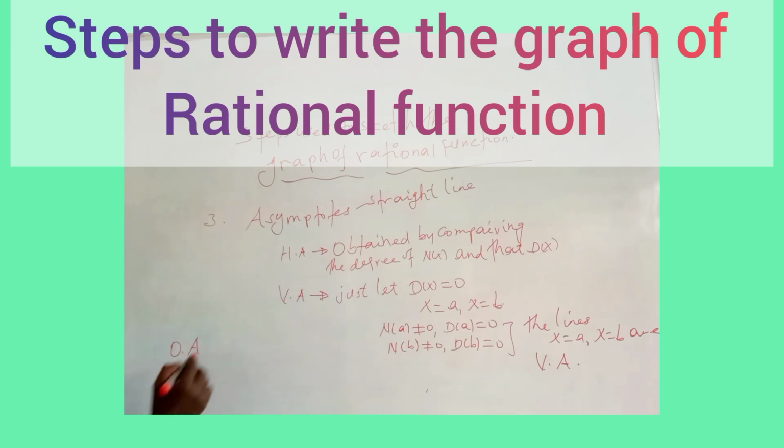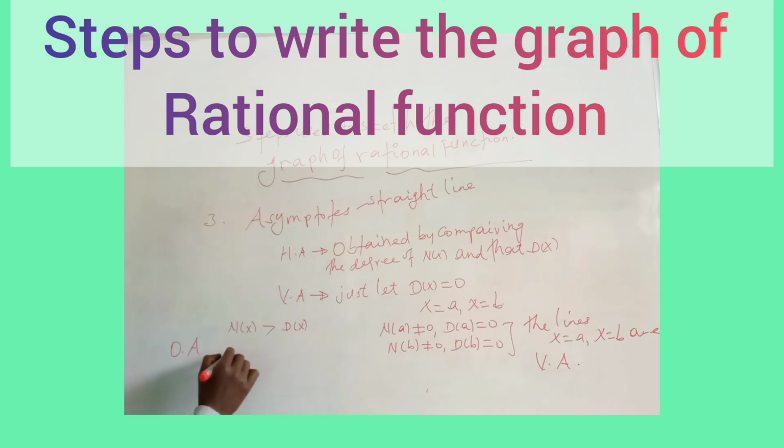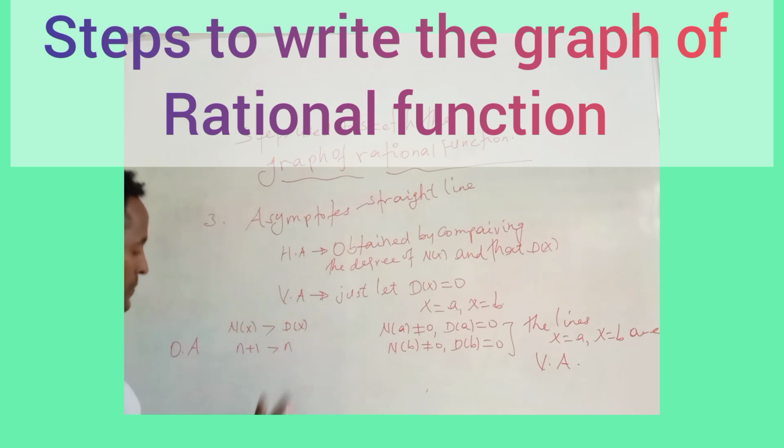As I said previously, if the degree of the numerator is one more than the degree of the denominator, so if the degree of the denominator is n, the degree of the numerator must be n plus 1, then such a rational function will have an oblique asymptote.